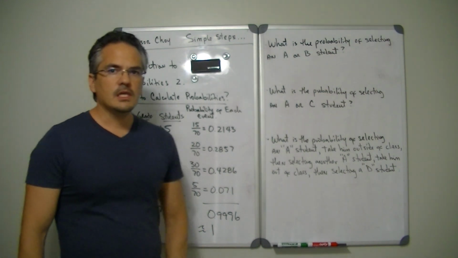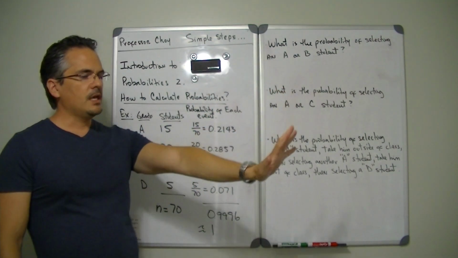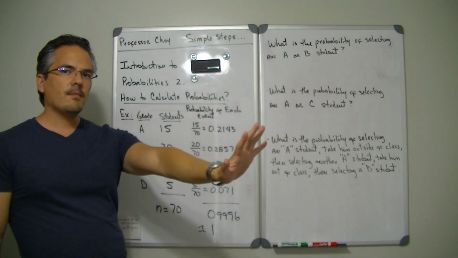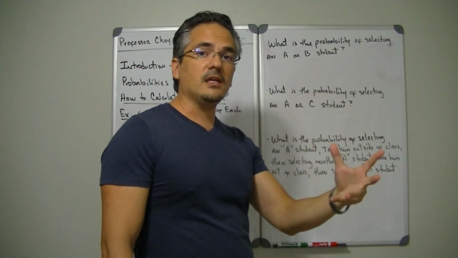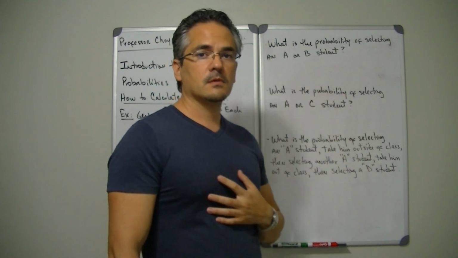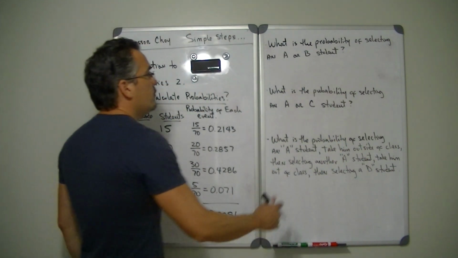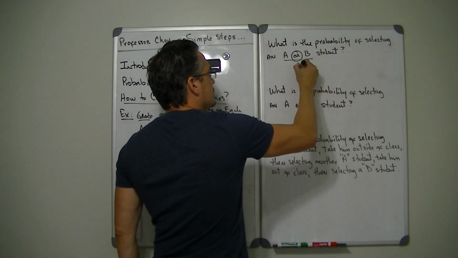Again, I'm walking through the class and the question is, what is the probability that I randomly walk into an A student or a B student? It could be A or it could be B. Well, every time we use the word or in probabilities, that means add.